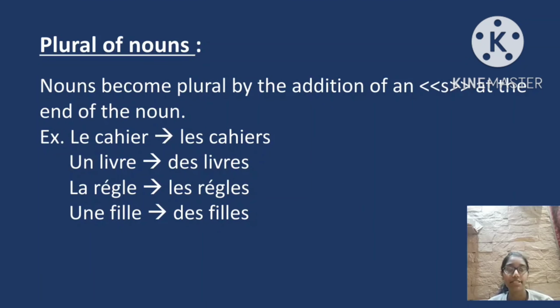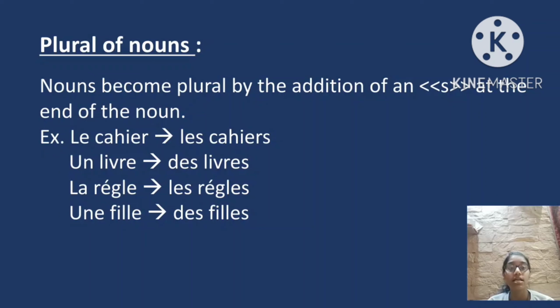Plural of nouns. Nouns become plural by the addition of an S at the end of the noun. Example, le cahier will become les cahiers. Un livre, des livres. La règle, les règles. And une fille will become des filles. Basically, we just add an S at the end of the noun and also change the singular article to the plural article.